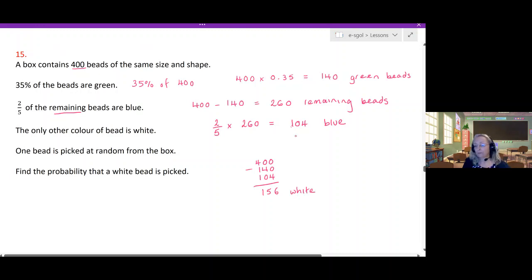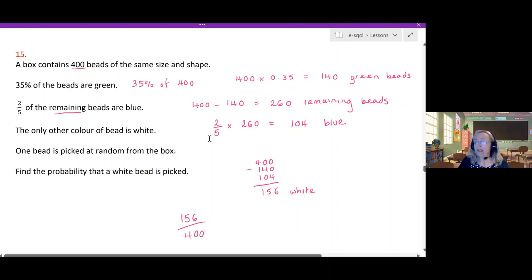Okay, so now I've worked out how many beads of each colour I've got. It says one bead is picked at random from the box. Find the probability that a white bead is picked. Well, I've got 156 white beads, and that is out of the 400 beads in the box. So my answer to the probability of a white bead being picked is 156 out of 400.